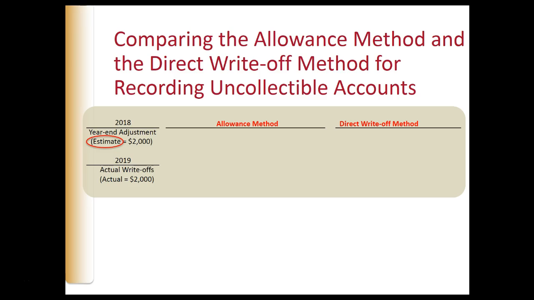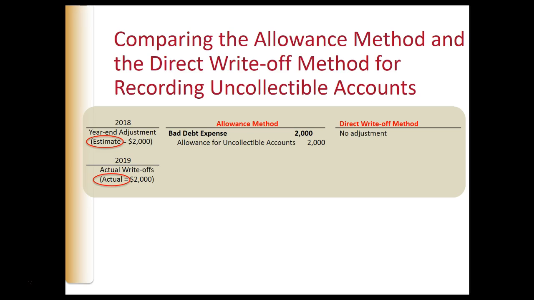This slide highlights the timing difference between the allowance method and the direct write-off method for an example. For simplicity purposes, assume that our estimate of uncollectible accounts at the end of 2018 is 2,000. It turns out to be correct, and actual bad debts in 2019 are 2,000.